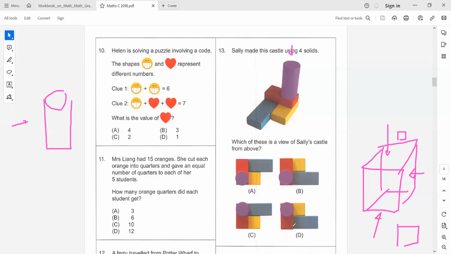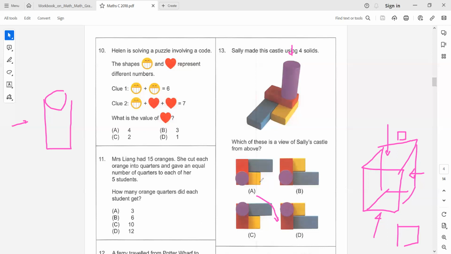I think it's D because it can't be B or C, since the cylinder is on the red, and underneath the red it's on the silver, but in the picture it's not on the silver, it's on the yellow. But it can't be A because it would be facing the other direction. Yeah, the A and D look the same, but I think it's D.